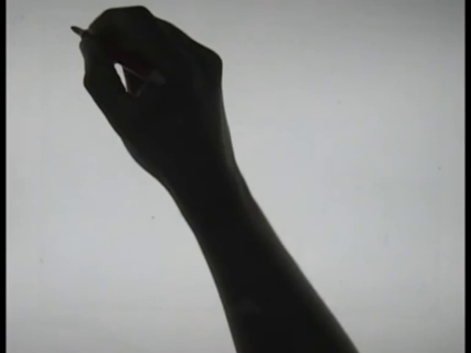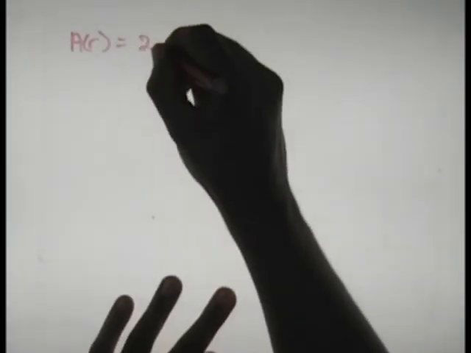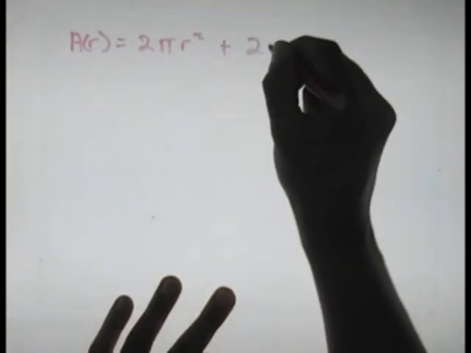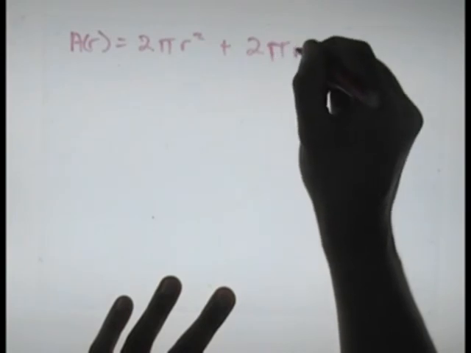Plugging that h in, it's going to give me a formula. Area in terms of r is equal to 2 pi r squared plus 2 pi r.